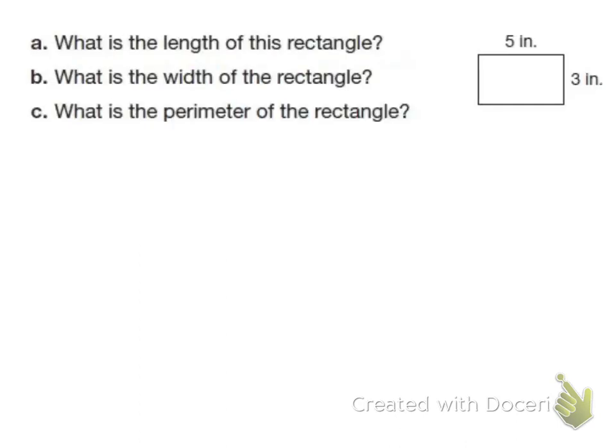All right, let's practice some more perimeters. A says, what is the length of this rectangle? Remember, the length is the longer side, so the length is going to be 5 inches. Then it says, what is the width? It's going to be 3 inches. Then it asks for the perimeter.